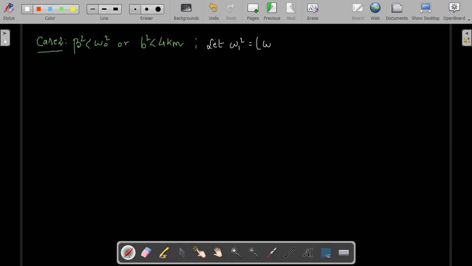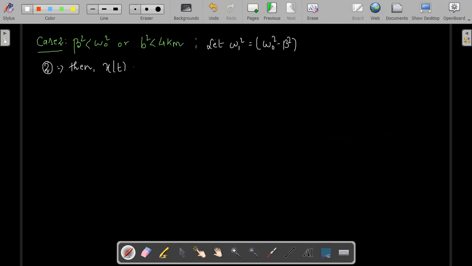So I can write omega 1 square as omega naught square minus beta square. We are replacing this term with this, and then expression 2 will take up this form. You can refer to the expression 2 which we have been using.